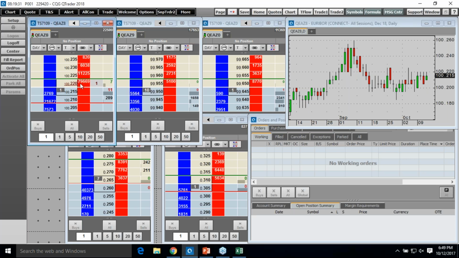So as you can see, there is a striking amount of difference between all the instruments that we've used as an example. S&P 500 had about 500 to 1,000 quantities of bid and ask. Dow Jones has about 20, 30, 40, 50.